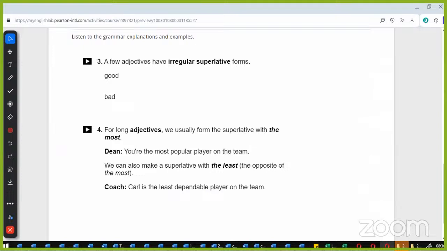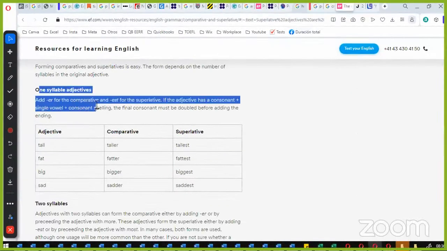Yes, so basically, good would be best and bad would be worst. Okay, so let's read this also, please, from here.